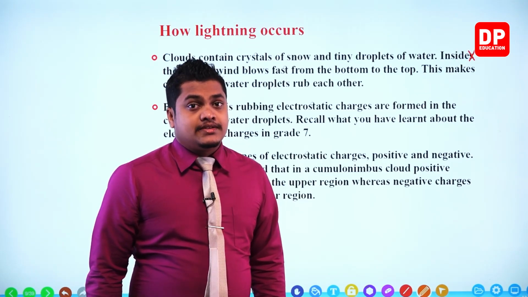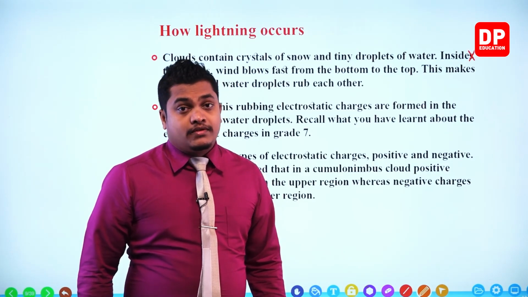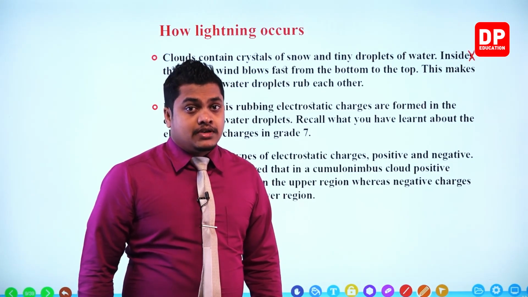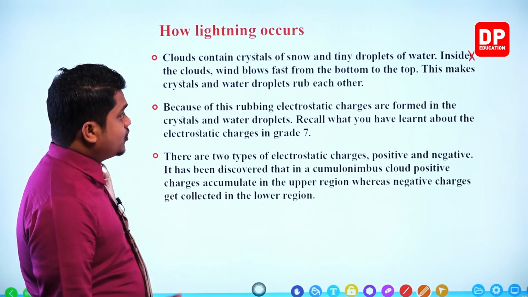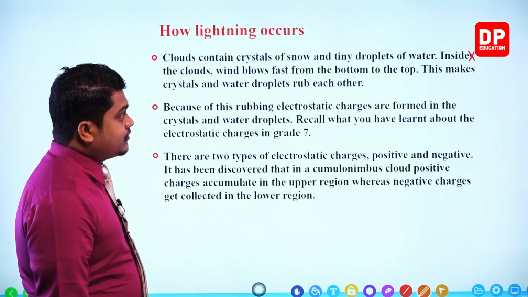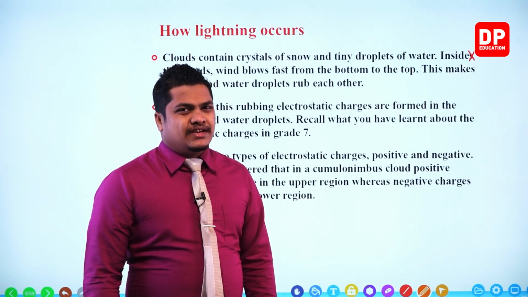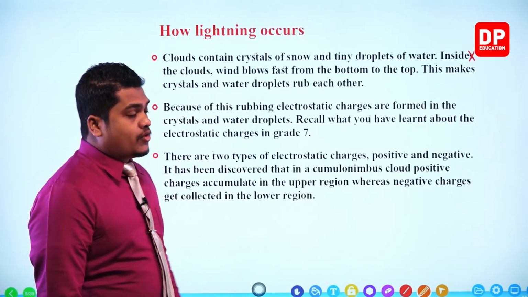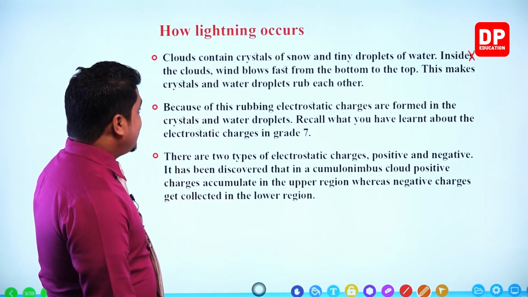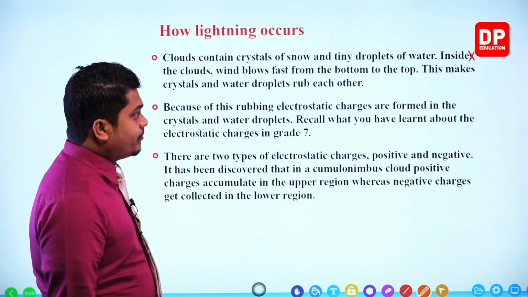Especially this is available in cumulonimbus clouds, or more often it is available in cumulonimbus clouds. So what will happen here? Clouds contain crystals of snow and tiny droplets of water. We know that already, right? Usually clouds contain these things. Inside the clouds, wind blows fast from the bottom to the top.